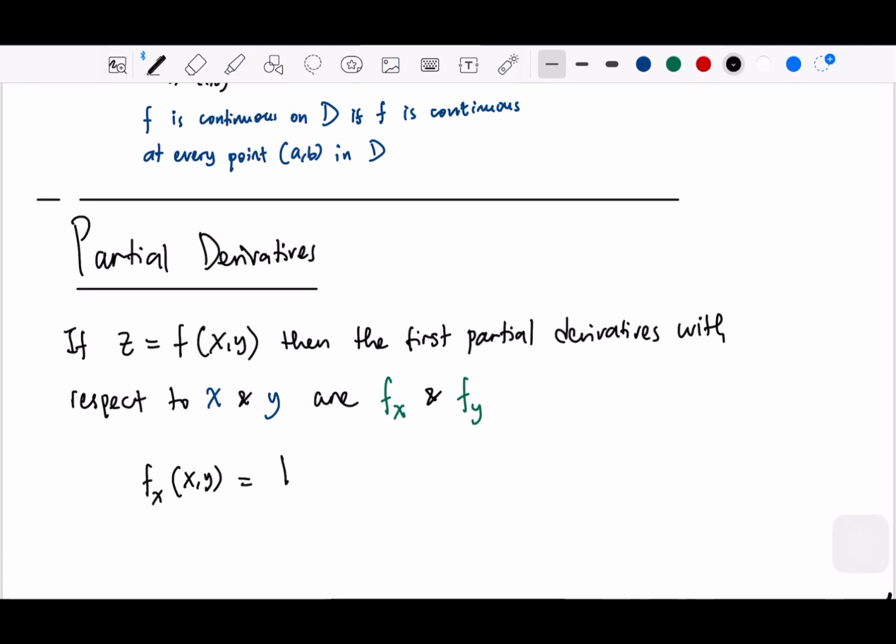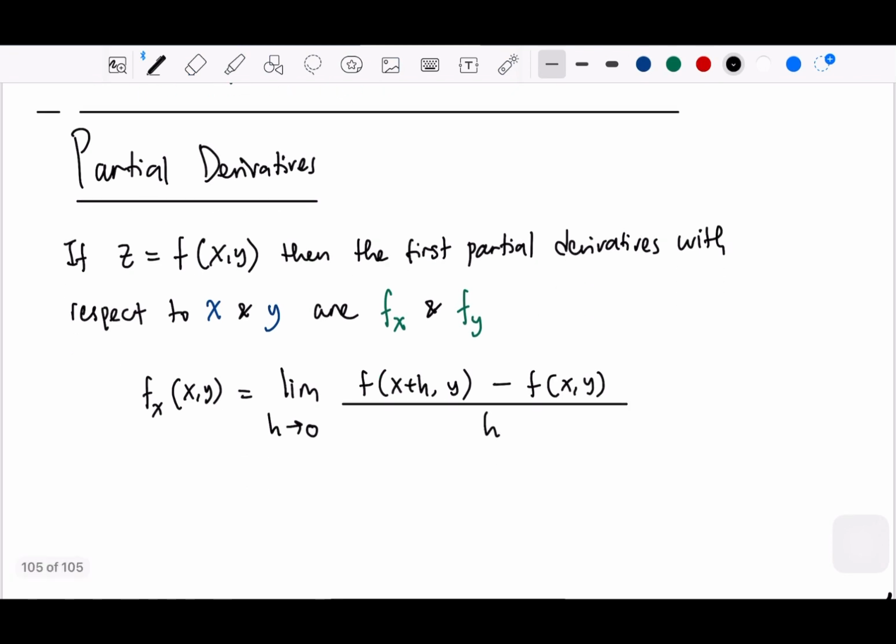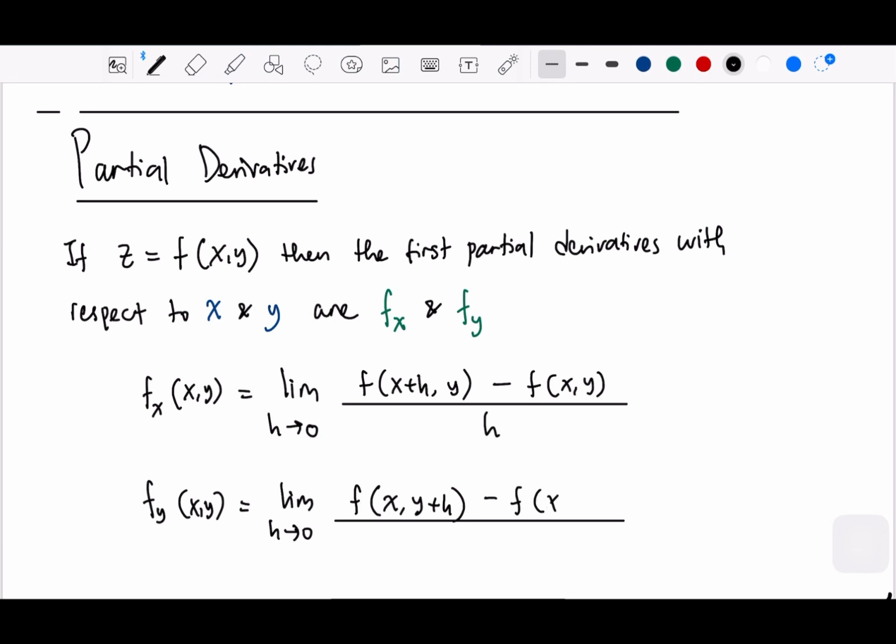This is by definition a limit. And the partial derivative with respect to y, by the limit definition, takes y plus h. Provided both of these exist.